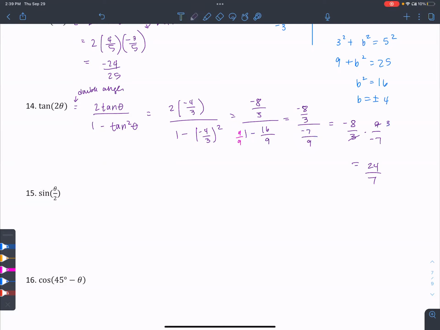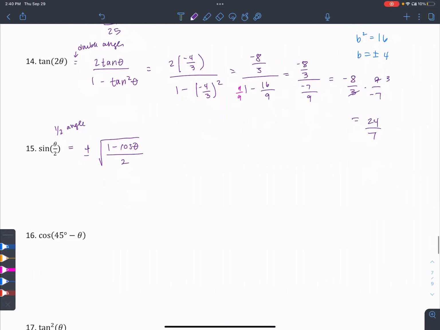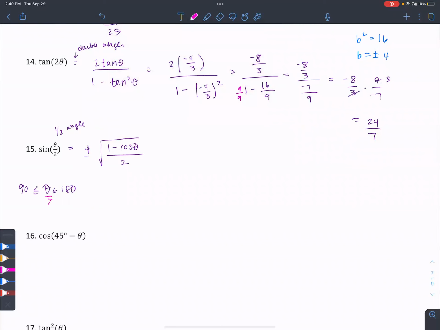All right, sine of theta over 2 is plus or minus the square root of 1 minus cosine theta over 2. This is the half angle identity. So the thing is, how do we know what sign to choose? So theta is in quadrant 2, so between 90 and 180. And that means that theta over 2 is between 45 and 90. So it's in here, and the sine value there is positive.